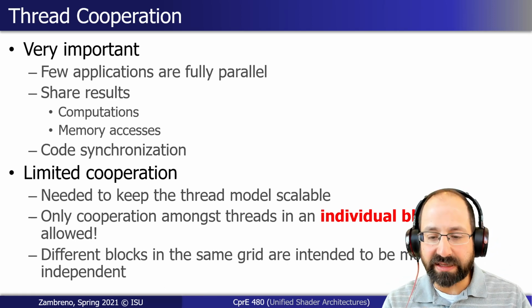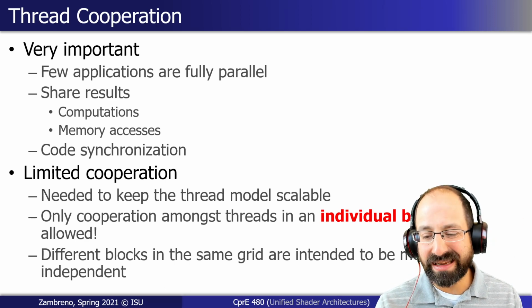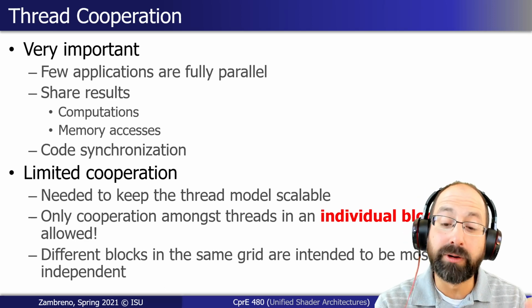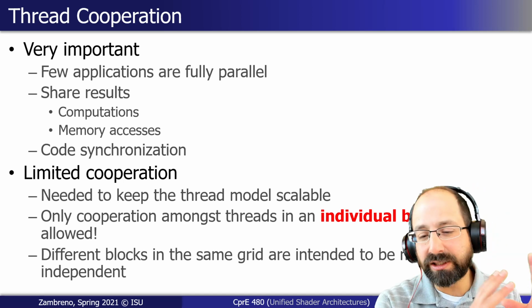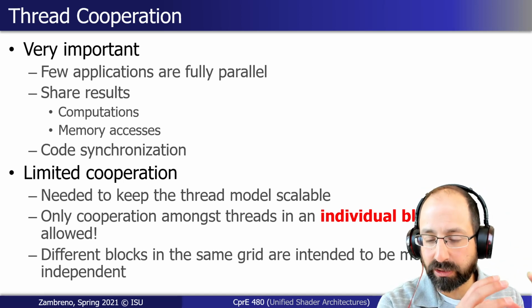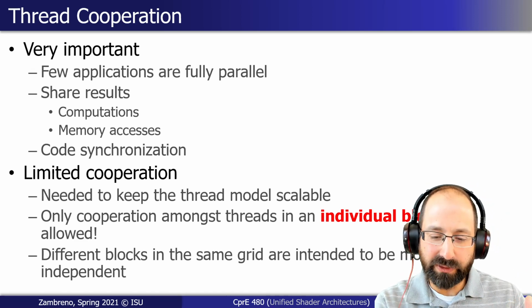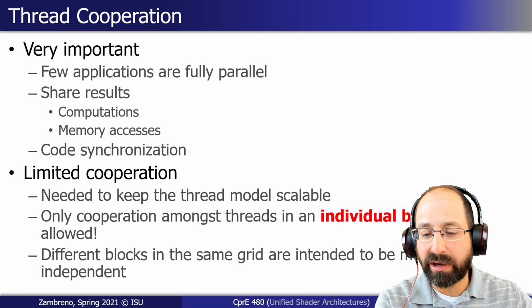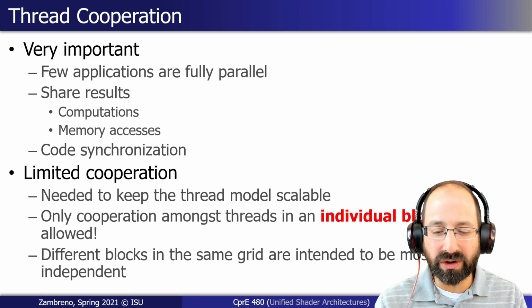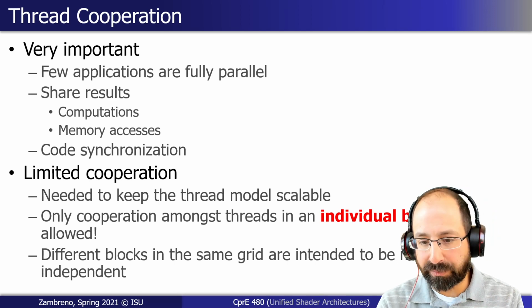So I already mentioned that we have the embarrassingly parallel applications, but those tend to be artificial ones. Real world applications have regions of parallelism and regions of sequential nature as they're executing, or they're partially parallel, in which there's blobs of data that can be operated on in parallel, but not entirely so. So real world applications have to share results from one step of computation to the next.